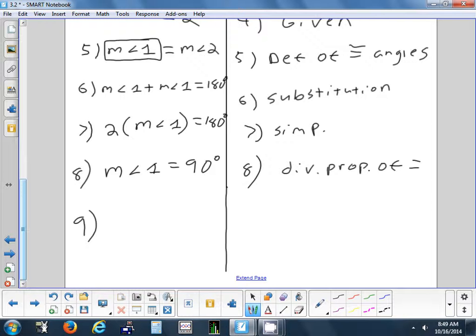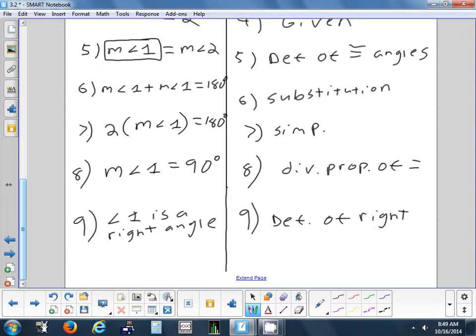And now if the measure of angle 1 is 90 degrees, what kind of angle is angle 1? Angle 1 is a right angle. Reason? That's the definition of a right angle. Definition of right angle.